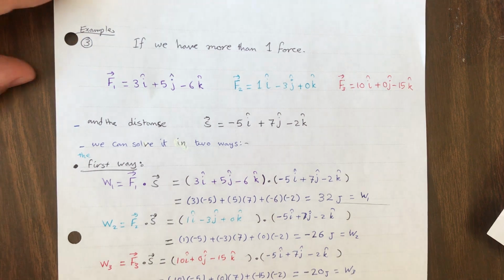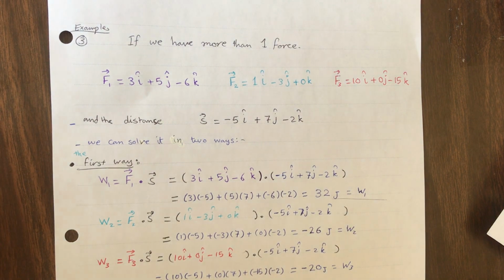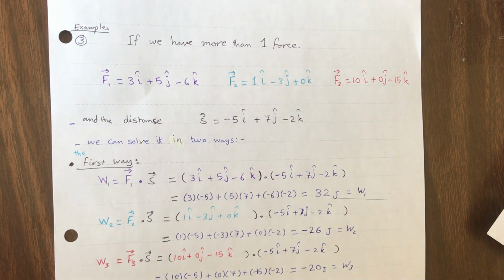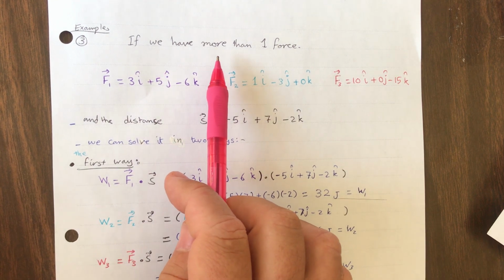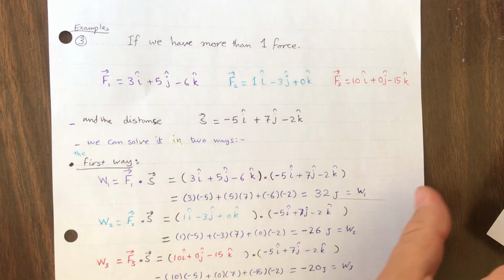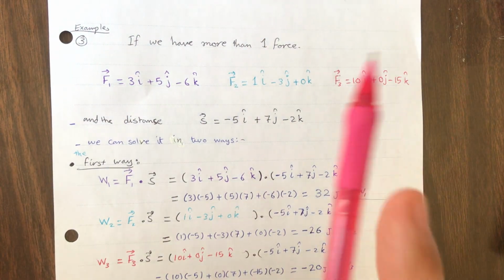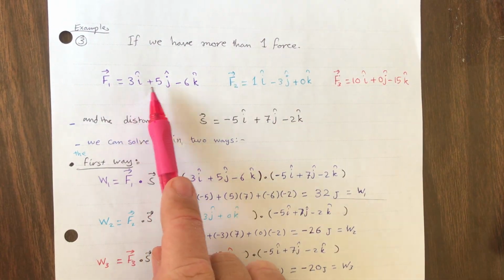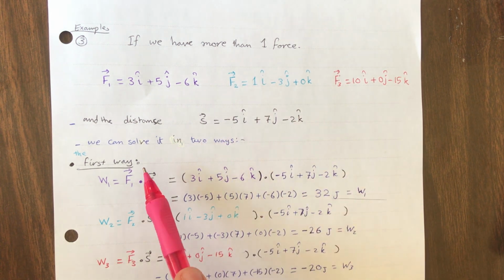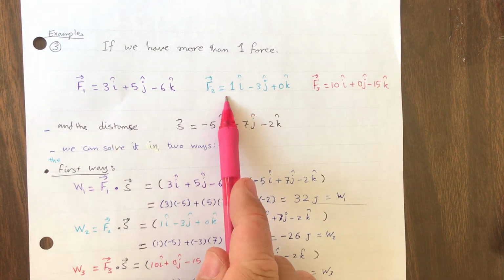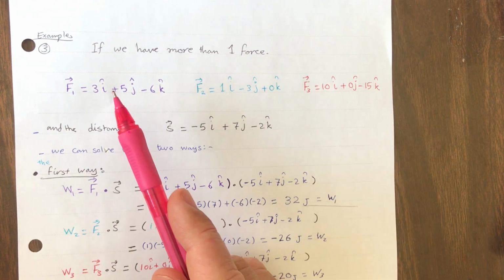Now, this is another example. Example number 3. If we have more than one force, just like this one, and these forces are written in the i, j, k components. So we have F1, F2, F3.